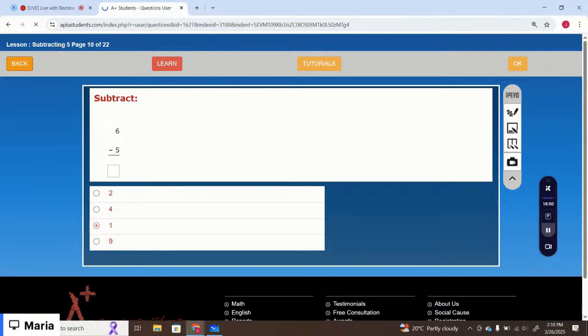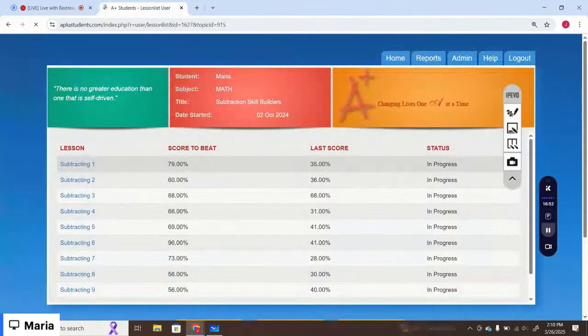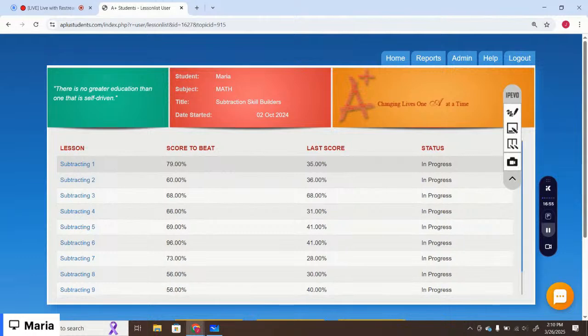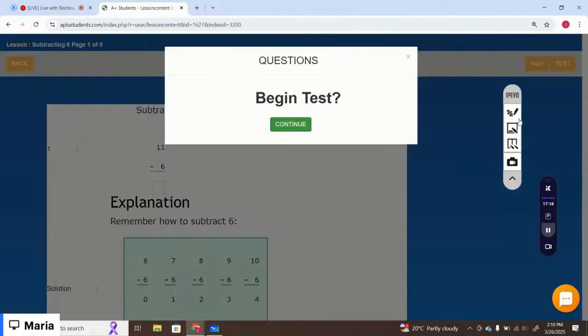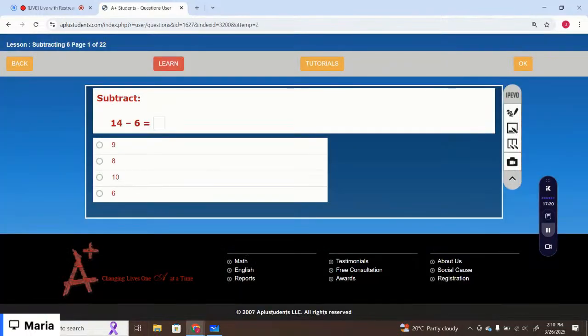Now we're going to learn how to subtract 6. Again, you just have to use the methods we have already learned to subtract.